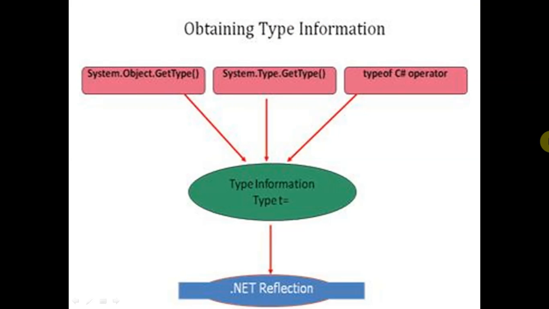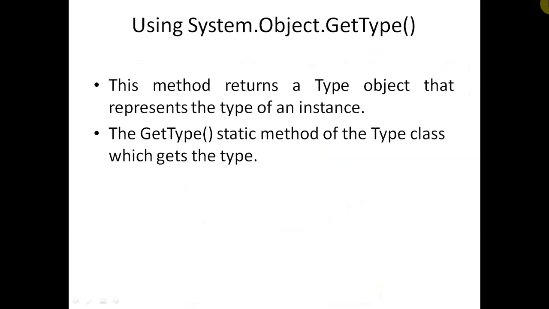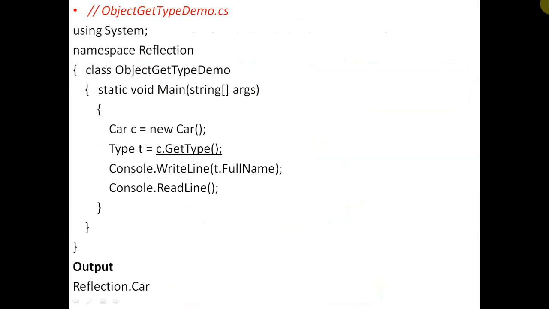These are the features of reflection. We have also learned that the GetType as well as the typeof function are used to extract the type of the class and the type of the object. GetType is used here in this program.